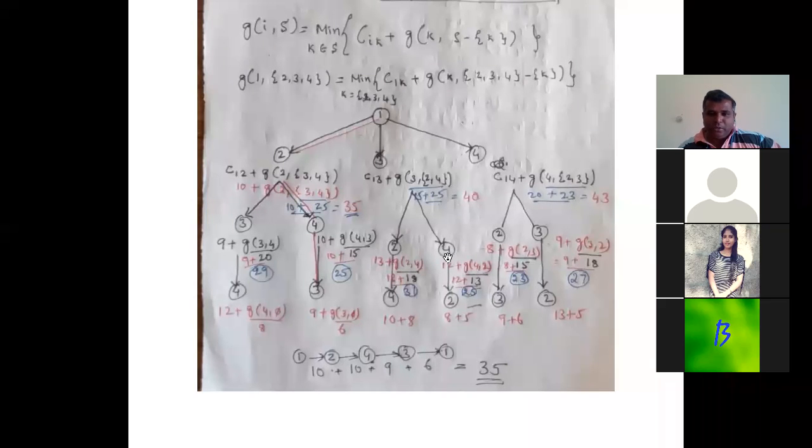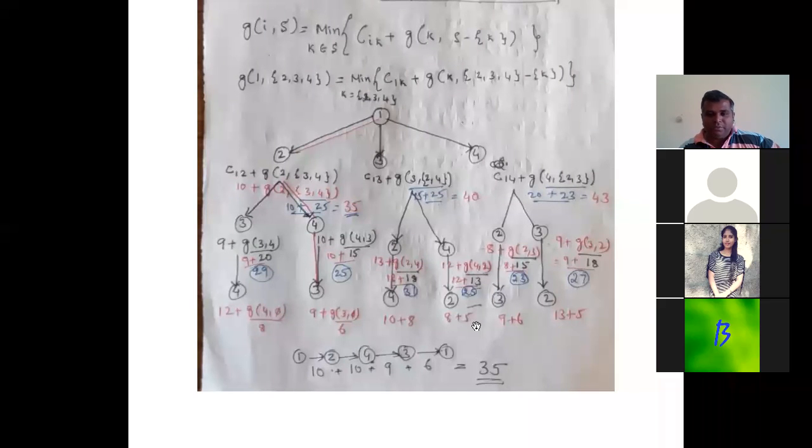Similarly for this node, C of 3 4, 12, plus G of 4 comma 2. So G of 4 comma 2 is nothing but C of 4 comma 2 plus G of 2 comma null. So 2 to 1 is 5.